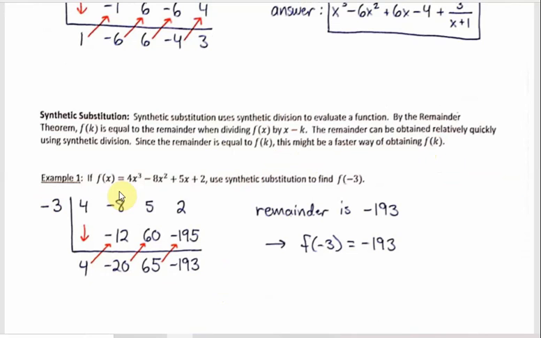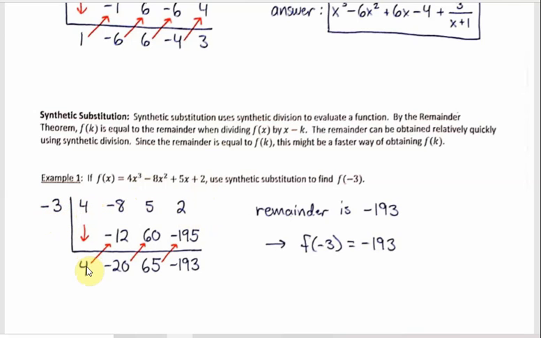So if this is what our function is, and we want to find f of 3 using synthetic substitution, you can do it using synthetic division, where then the 4, 8, 5, 2 are coming out of this polynomial, and then it's the same thing as dividing by x plus 3, right? So then we'd have this root of x plus 3 that's negative 3, and then you do the synthetic division, right?